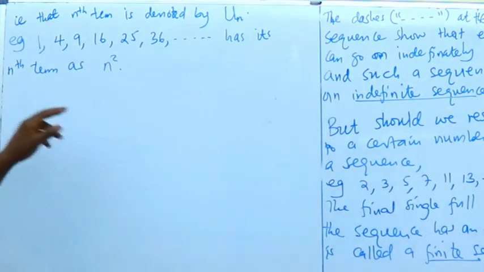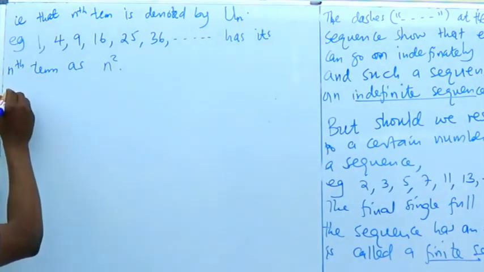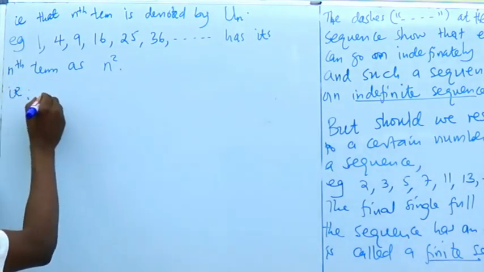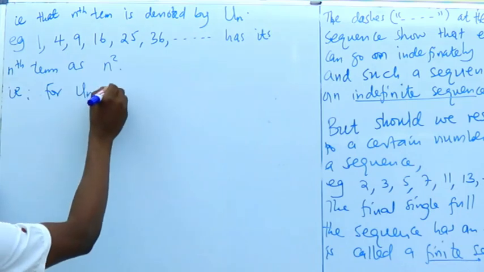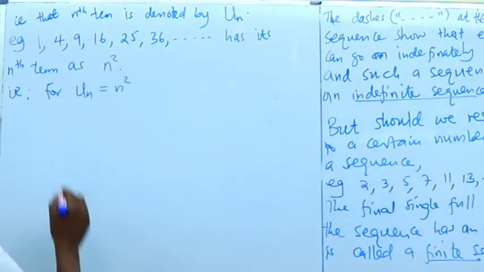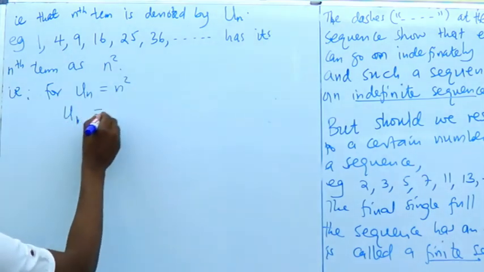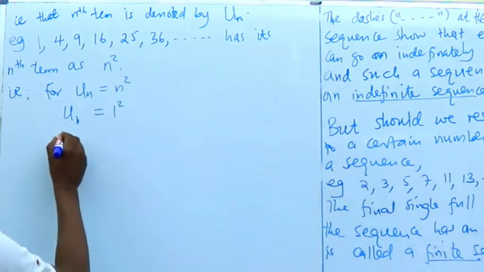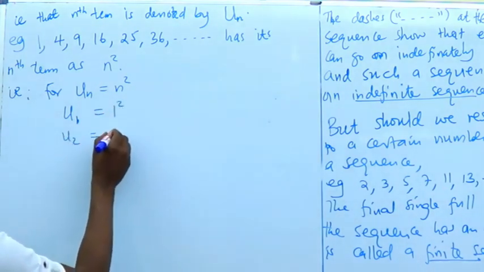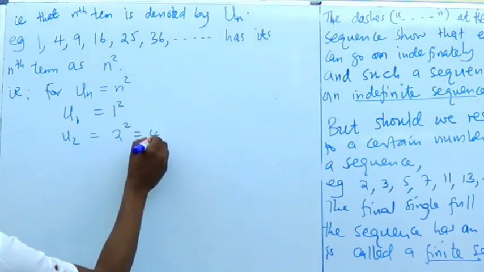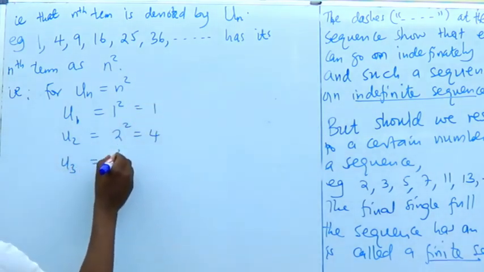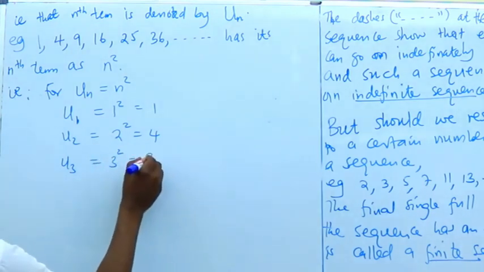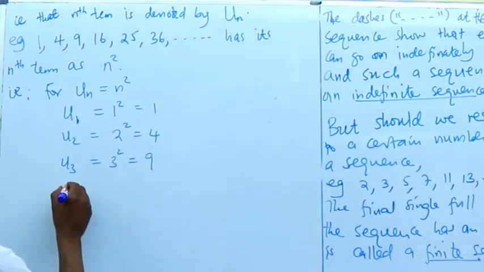What does that mean? For U_n equal to n squared, U_1 will be 1 squared, which is 1, U_2 will be 2 squared, which is 4, U_3 will be 3 squared, which is 9, etc.